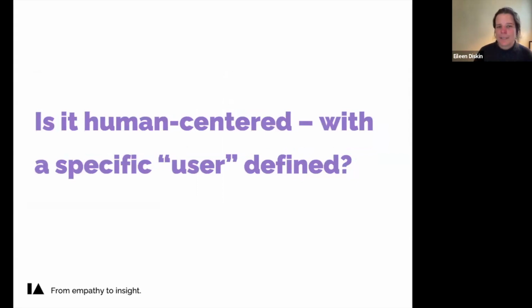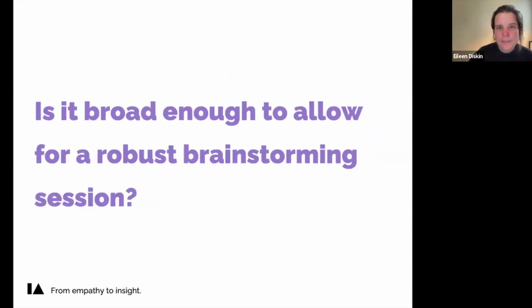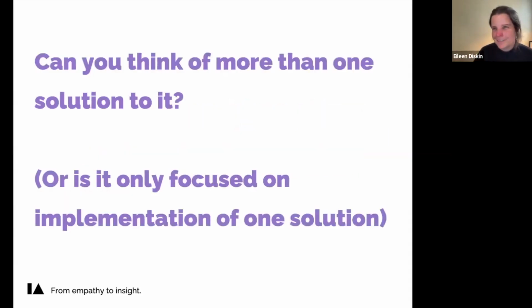Here are some good ways to sense check your problem statement once you've got a working draft. Is it human-centered? Is there a specific user, a person or group of people, defined? Is it broad enough to allow for a robust brainstorming session? So again, that you're able to come up with multiple distinct, diverse solutions to it. Along with that, making sure that you can think of more than one solution to it, or is it only focused on the implementation of one solution?